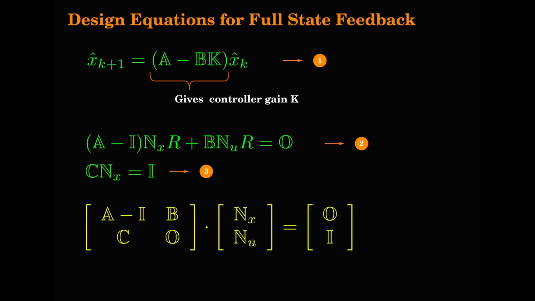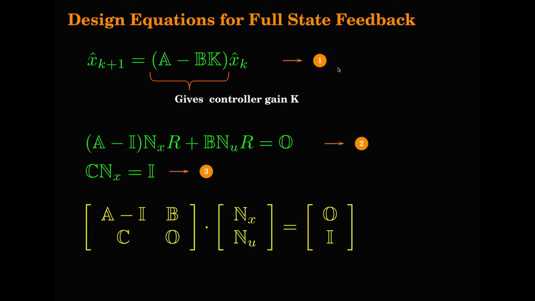So using Nx and Nu as the focal variables, A - I, B; C, 0 times Nx, Nu. Nu doesn't play a role in the output equation. They are equal to a null vector and the identity vector. So here if you see in this equation, A is known, B is known, C is known, I is an identity matrix, this is a null vector. Likewise on the right hand side you have null and identity. Nx and Nu are the only unknowns, therefore they can be calculated in a closed form way.